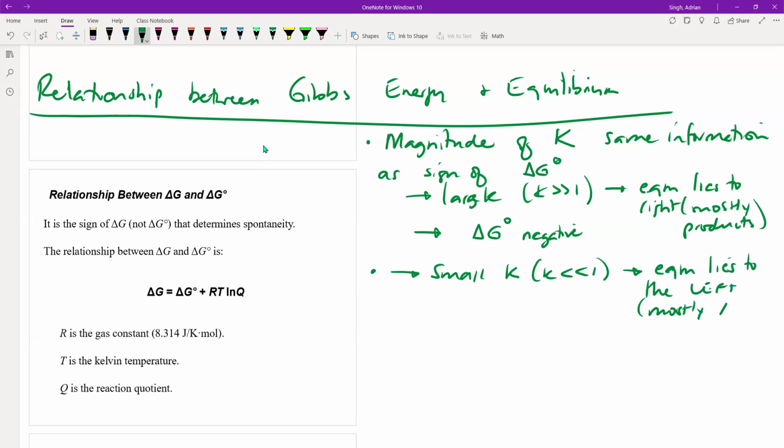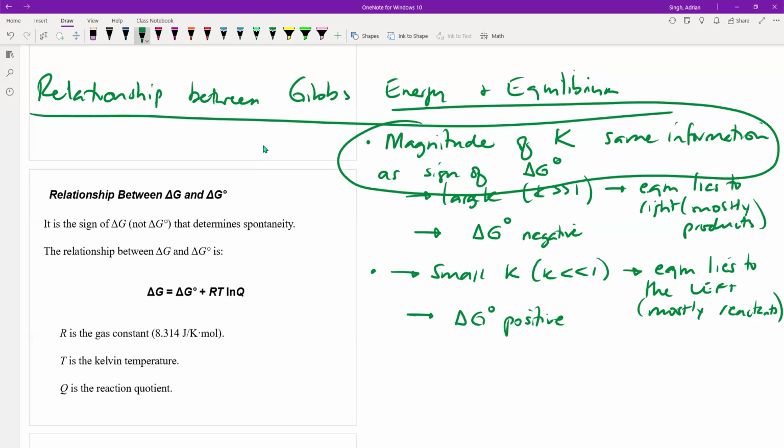So at equilibrium, we have mostly reactants if there's a very small K value, and this corresponds to a positive delta G. Okay, so the magnitude of K is going to give us the same information as the sign of delta G. The standard gives the energy with the delta G with the degree sign on it.